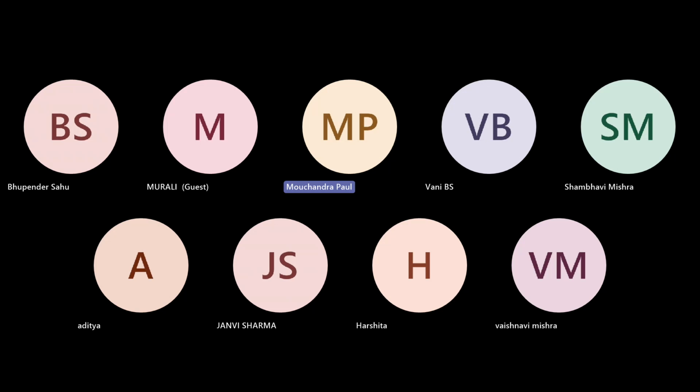So I have marked for Murli, Shambhavi, Bhupendra, Janvi, Vani, Harshita, and Aditya. Is there anyone else left? I think Vaishnavi is also there, but she is not responding. I saw her name. All right.